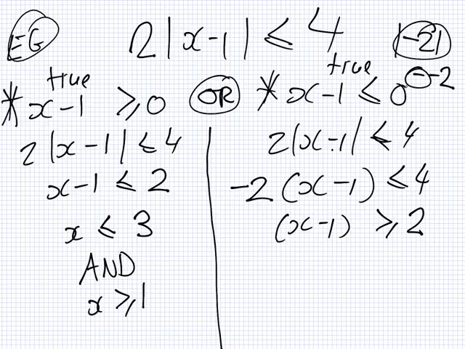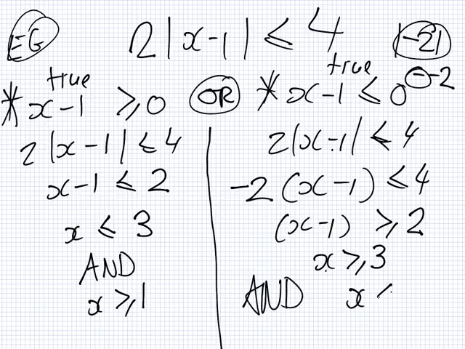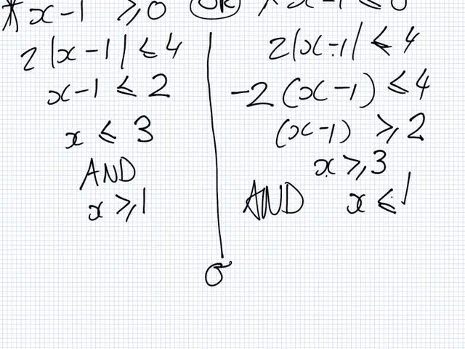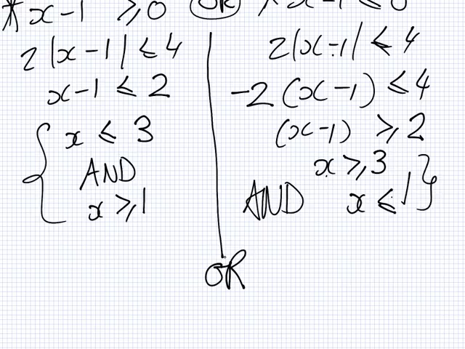So this means x should be bigger than or equal to 3 and x needs to be less than or equal to 1. Remember, between them is or. So this is an and, this is an and, this is an or. How can x be less than or equal to 3 and bigger than or equal to 1?